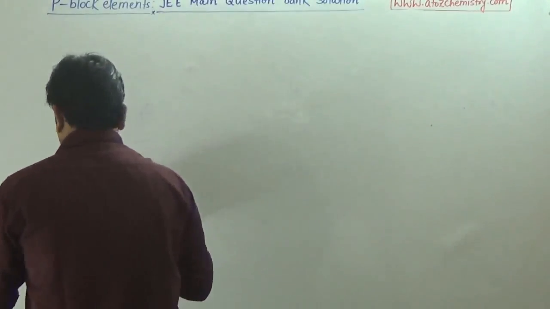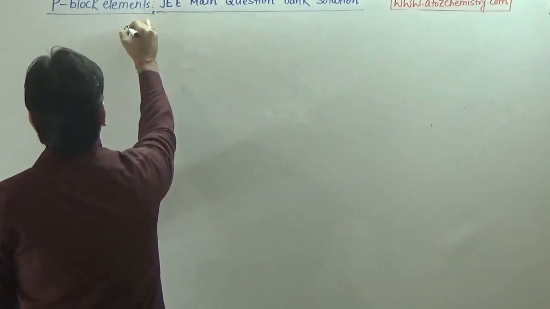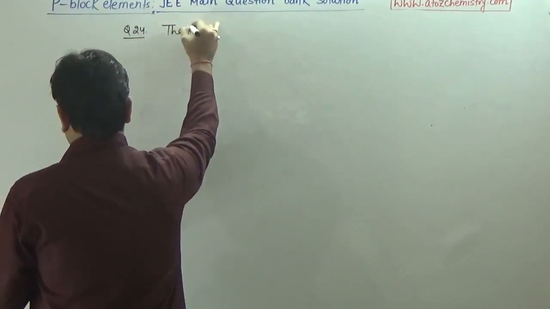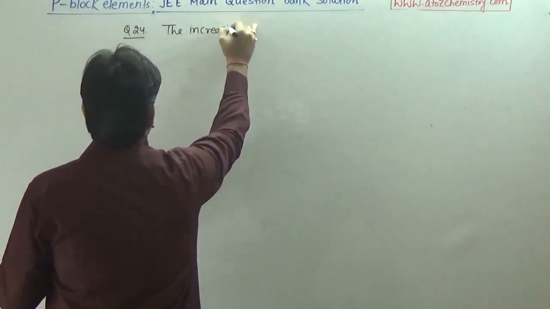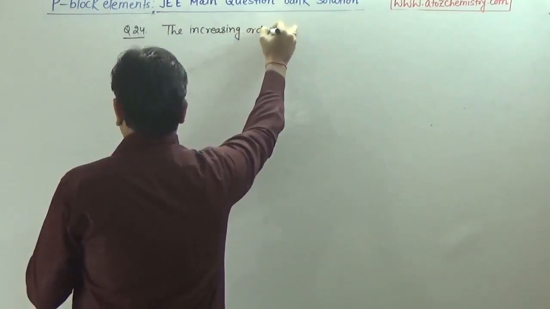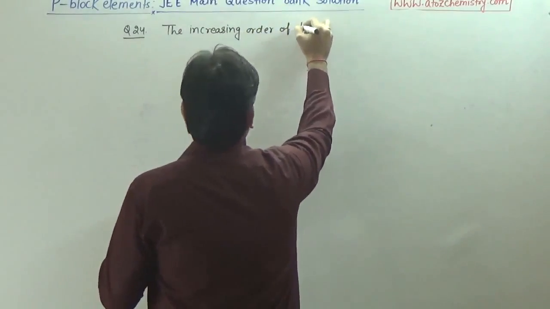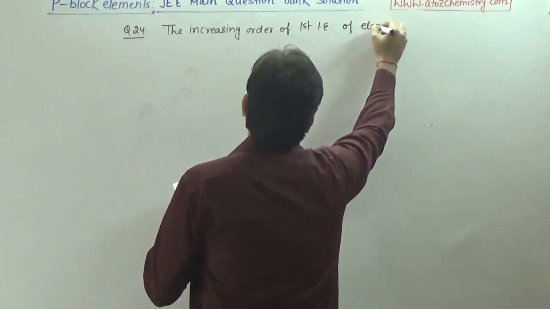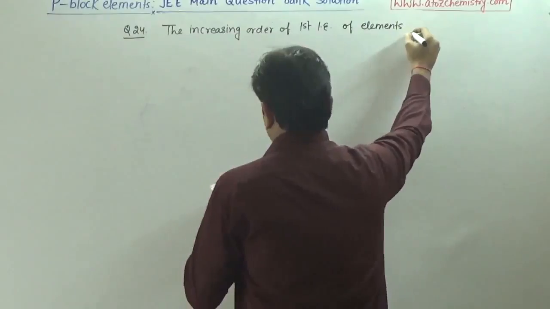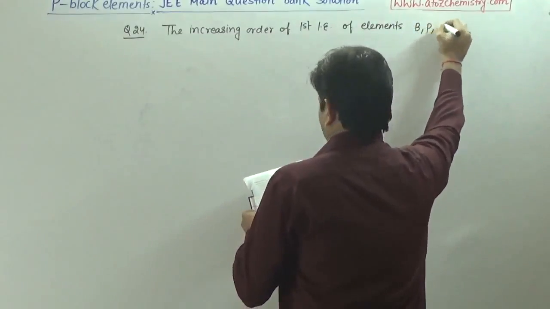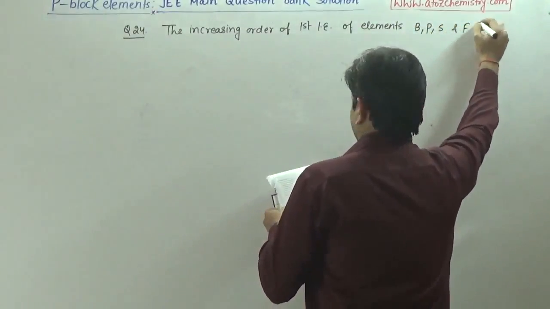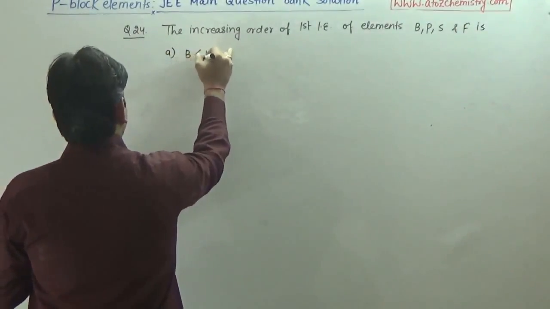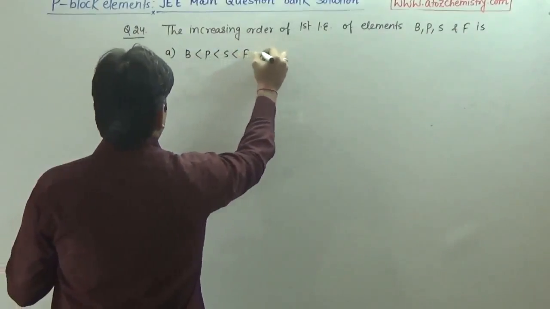Next question is question number 24. Question number 24: the increasing order of first ionization energy of elements boron, phosphorus, sulfur and fluorine is: A option: boron less than phosphorus less than sulfur less than fluorine.